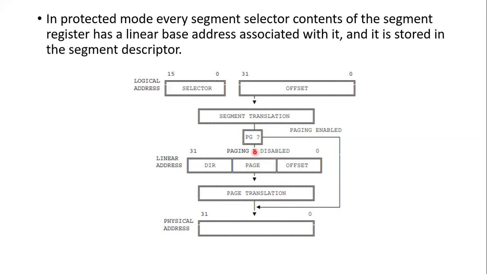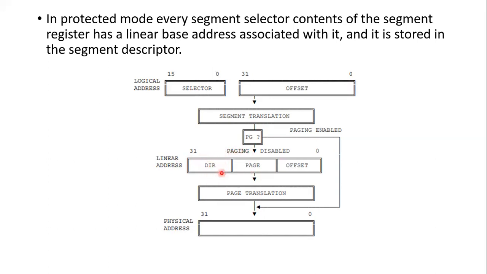Now, if your paging mechanism or page translation section is disabled, then the linear address will be carried to this particular unit. After it is carried to this unit, what will it do? It will go to the page directory.